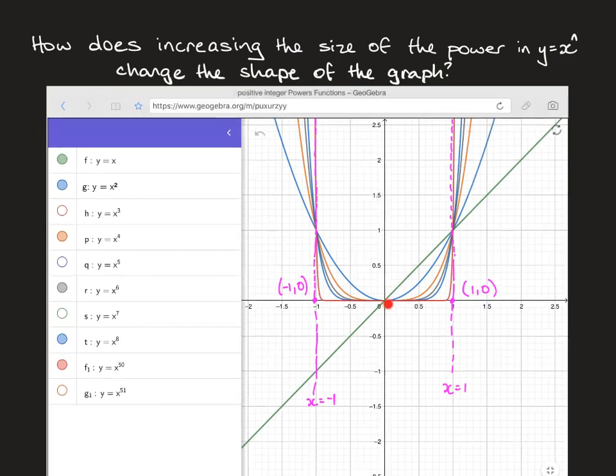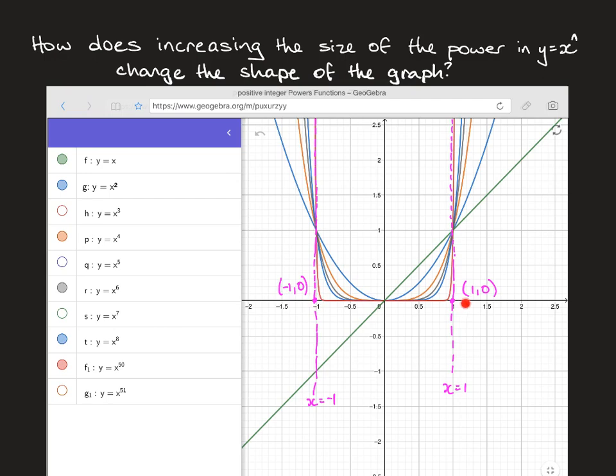I hope that you notice that between 0 and 1, the graph was bending down this way towards the point (1, 0). And between 0 and minus 1 on the x-axis, the graph was bending down towards the point (-1, 0).